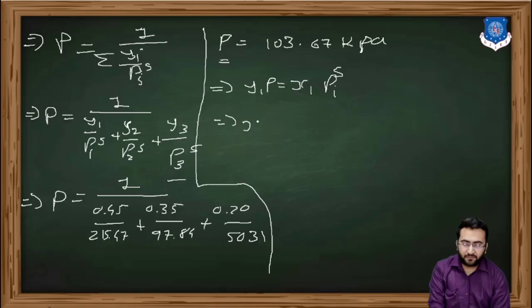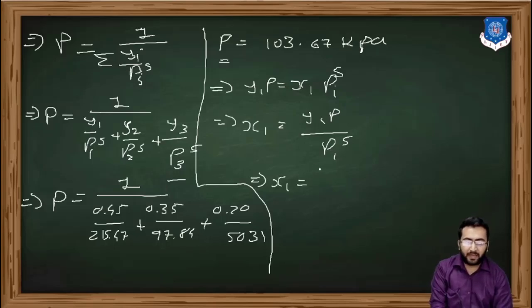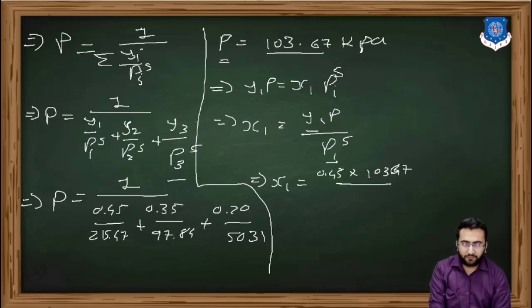So making X1 the subject, this equation becomes Y1 P upon P1S. Putting in all the values, Y1 which is 0.45 multiplied by the total pressure 103.67, divided by the value of P1S, which is 215.47. So X1 is equal to 0.21.